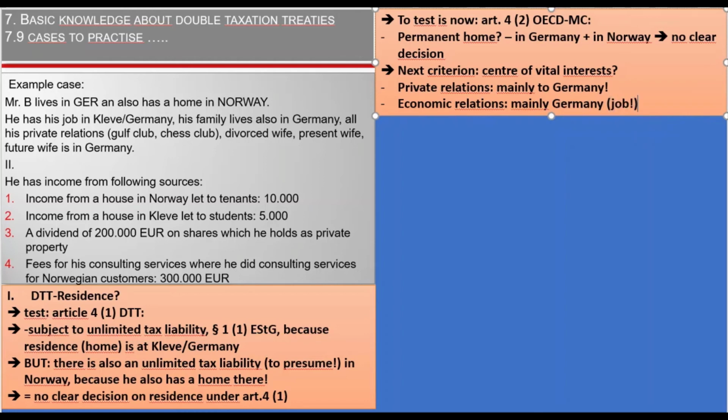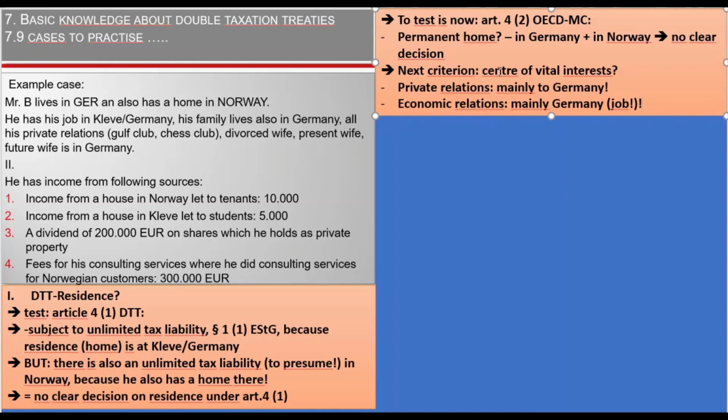The job, having also one house in Germany, that does not, job in Germany seems to be clear.